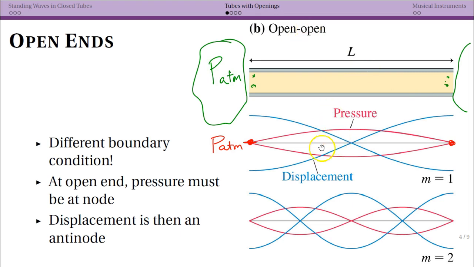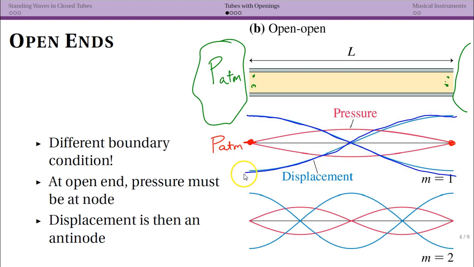Now remember that going between displacement and pressure, the node for one was the antinode for the other. So if you're right at the end, your displacement is actually at a maximum value. Pressure has its maximum value, its antinode, in the center, which is then your node for displacement.